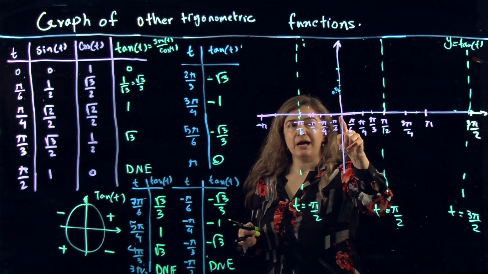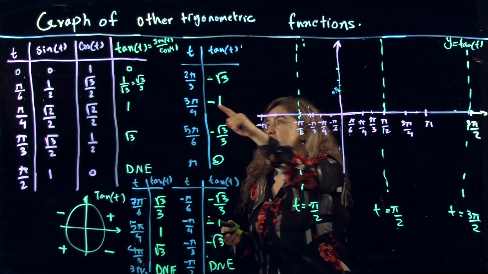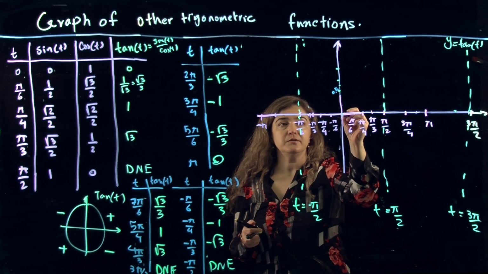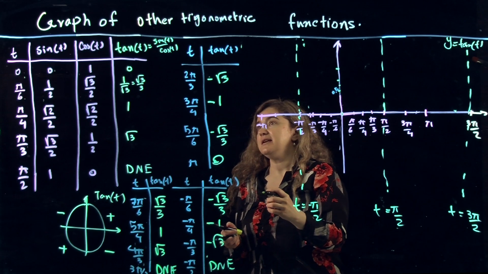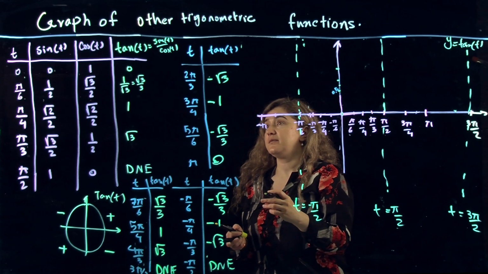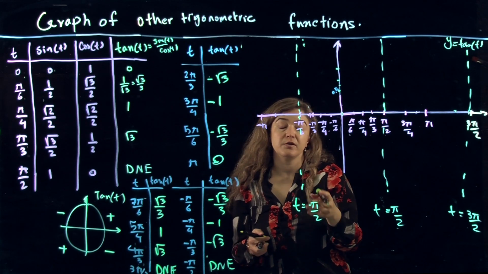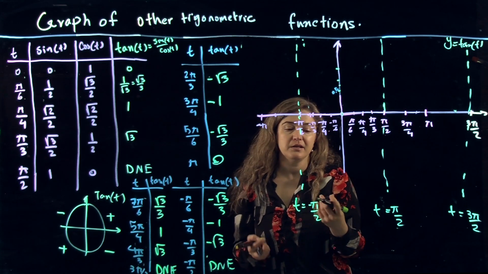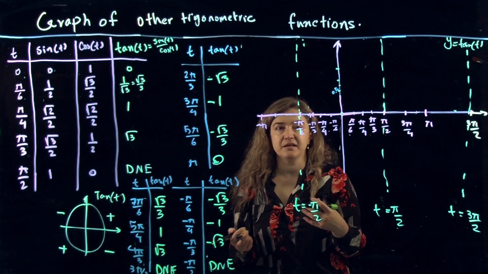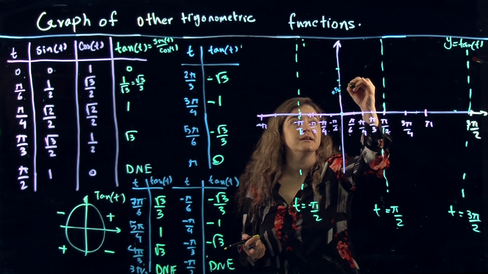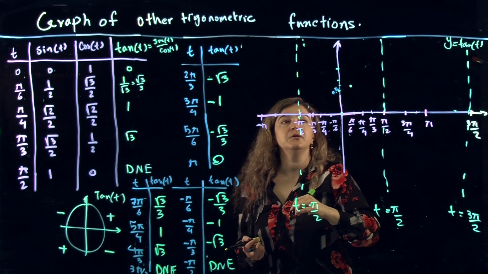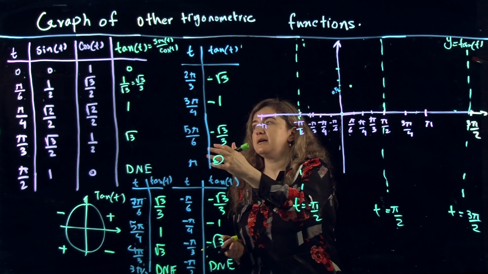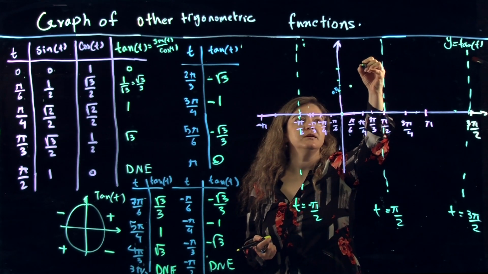So what is going to happen? At t equal to 0, tangent is 0. At pi sixth, tangent is square root of 3 over 3, which is 1.7 divided by 3. It's 0.56 or somewhere close to that. There we go. And then at pi fourth, it's 1.